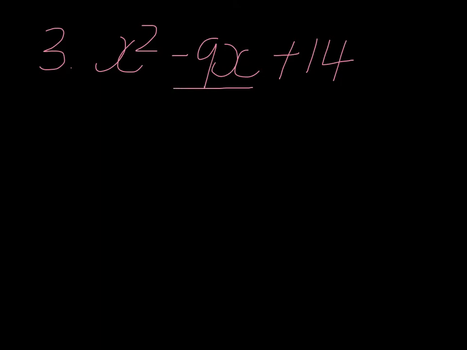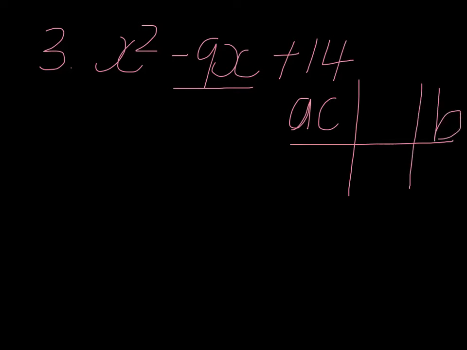Our b value is negative. Okay, so let's write up our little table. And we've got a times c, we can see is 14 because it's 1 times 14. And then our b value is negative 9.